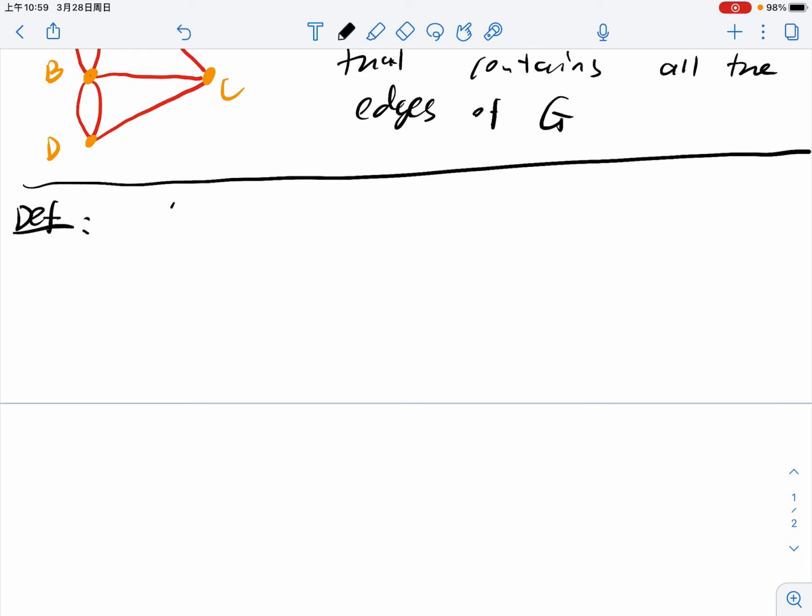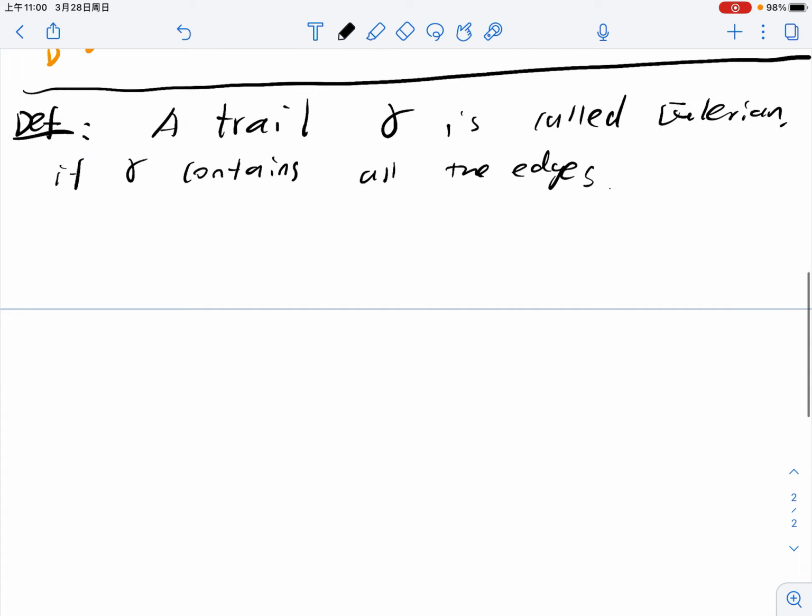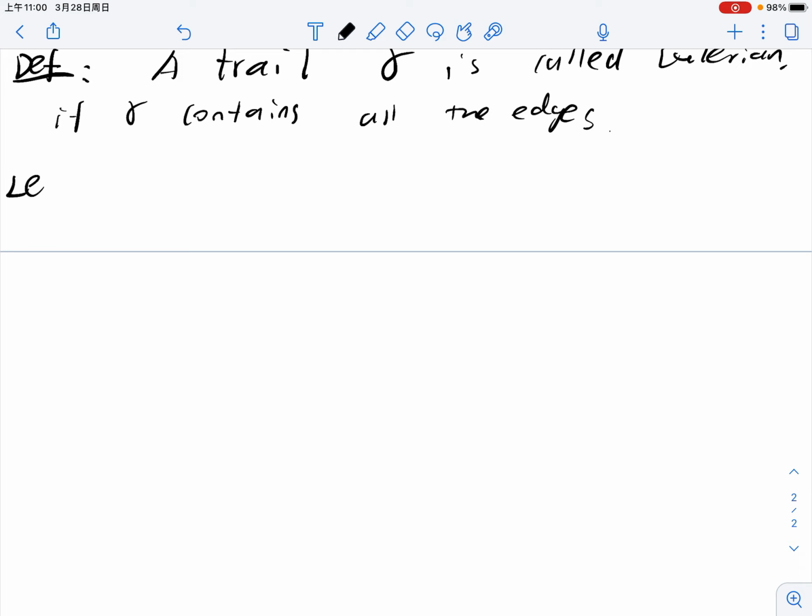So a trail gamma is called Eulerian if gamma contains all the edges. Actually, this problem is quite easy.